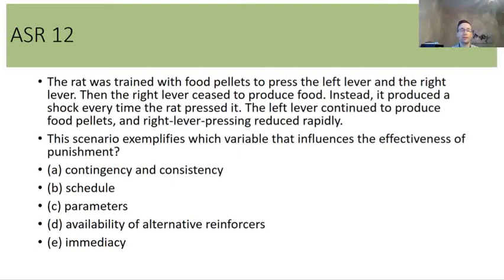C. Parameters. D. Availability of alternative reinforcers. Or E. Immediacy. Give you a few more seconds. Alright, I'll close the poll, and the answer here is D. Availability of alternative reinforcers, because only pressing the right lever produces the shock. Pressing the left lever continues to produce food pellets, which is alternative reinforcement.